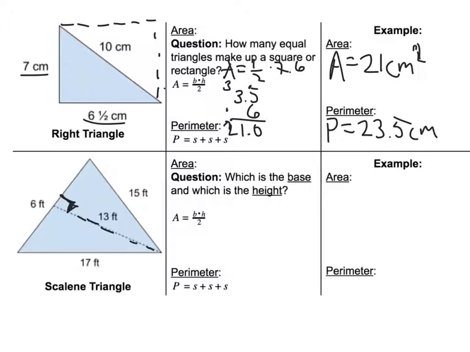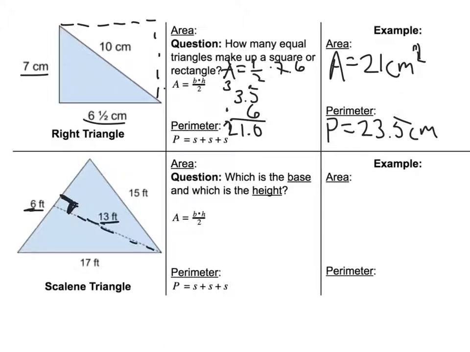So try to think of this, and you can turn your paper on its side if you need to. Think of the 6 as being the base, and that would mean the 13 being vertical straight through the middle of the triangle is our height, okay? And we know that this is our height because of this right angle telling us that this is going to be our height.